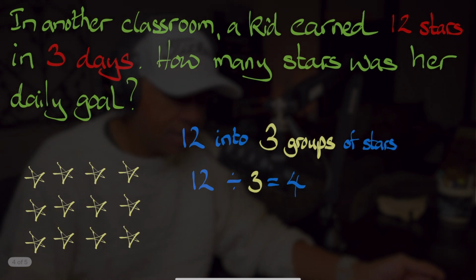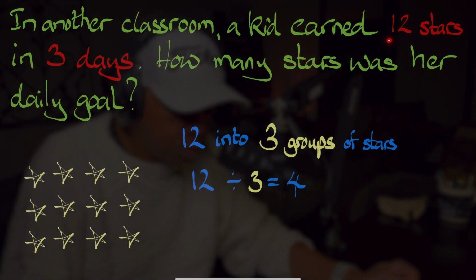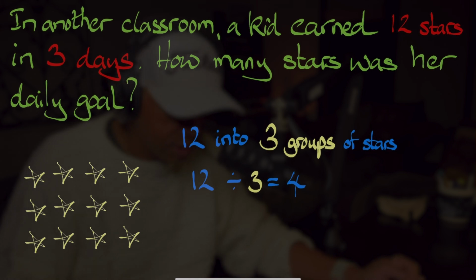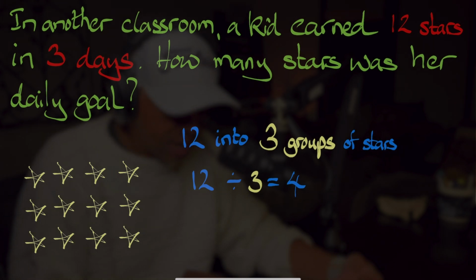So in another classroom, a kid earned 12 stars in 3 days. And the question is, how many stars was her daily goal? So you might see that what's happened is the question's now asking me how many stars.